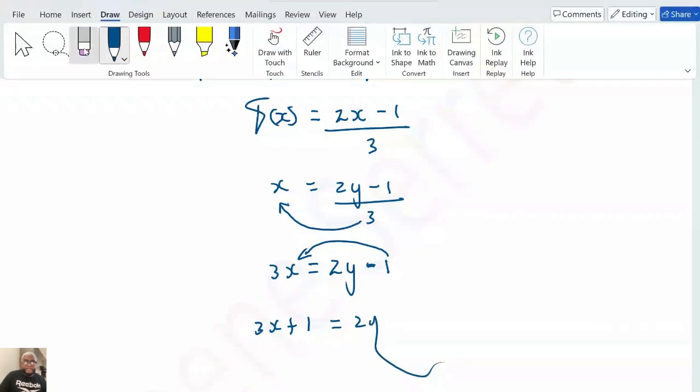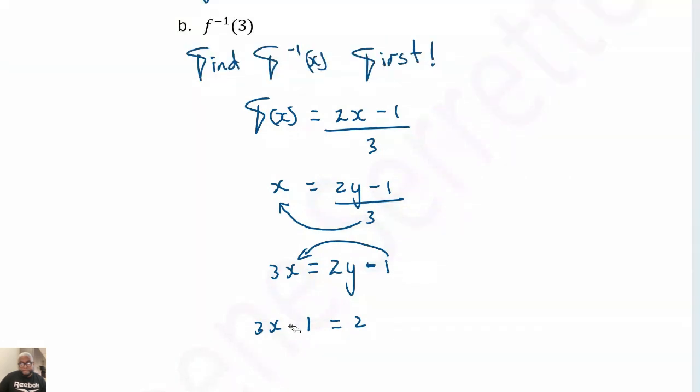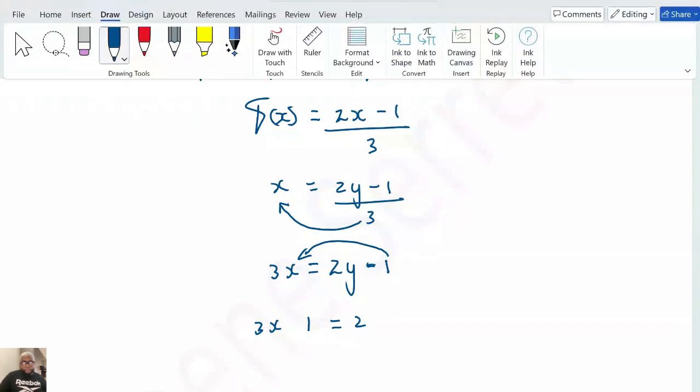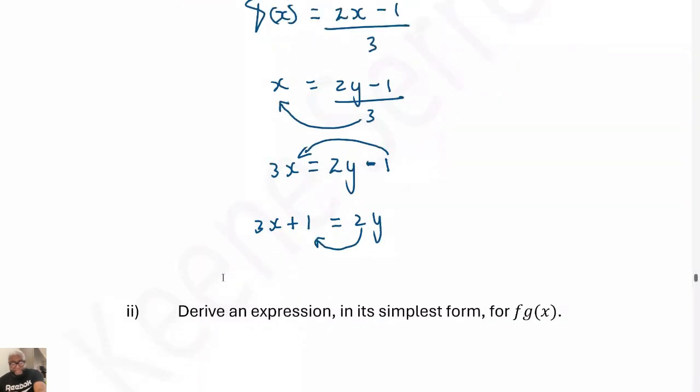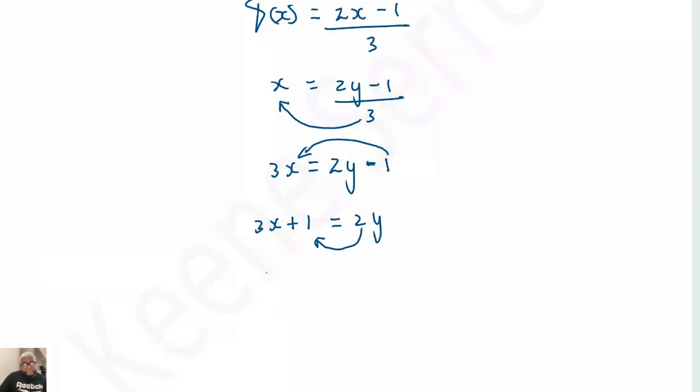What's the last thing I have to move here, my children? The 2. What do I do with this 2 when I move it to the left? Divide it. Excellent, right? So this will be 3x plus 1 all over 2 is equal to y. But the last step is to replace y with the inverse of the function that we are looking for, which is f negative 1 of x is equal to this.